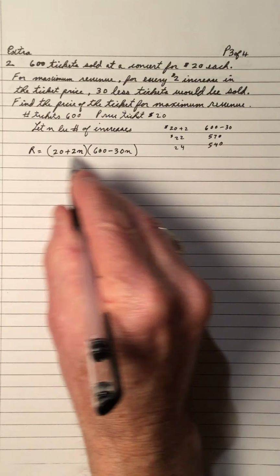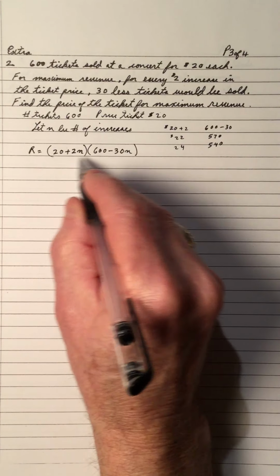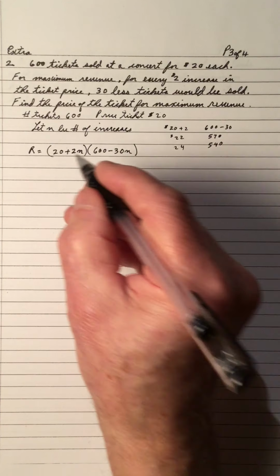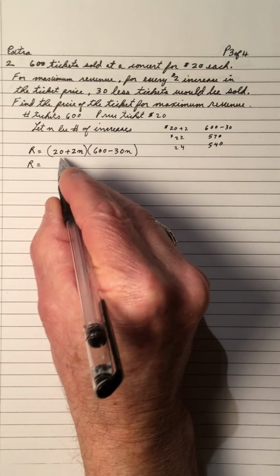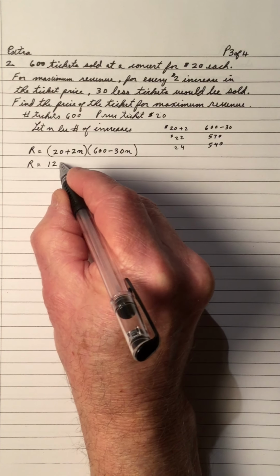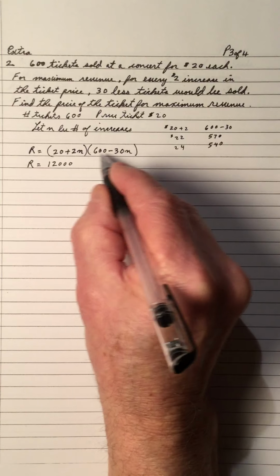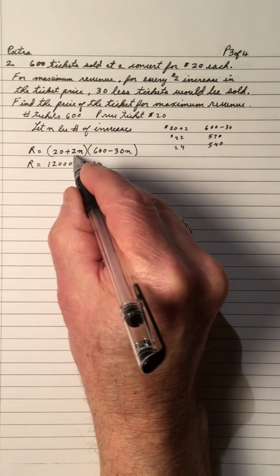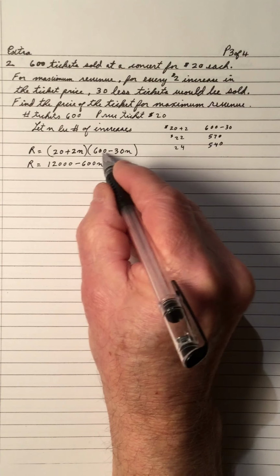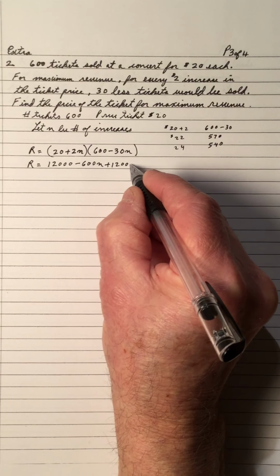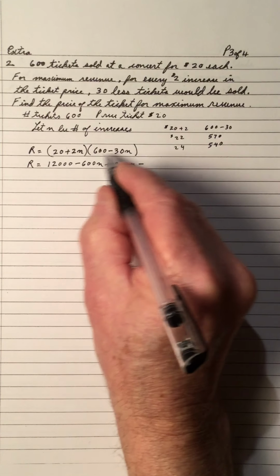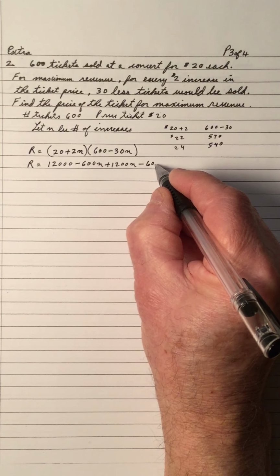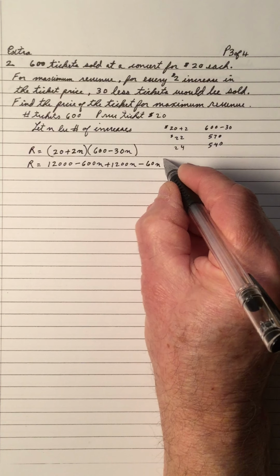So this equation will help me get, in terms of the quadratic, n squared, and you'll see how it works. Here we go. The revenue is 20 times 600 is 12,000. 20 times 30 is 600n. 2n times 600 is 1200n. Minus 2n times 30n is negative 60n squared.